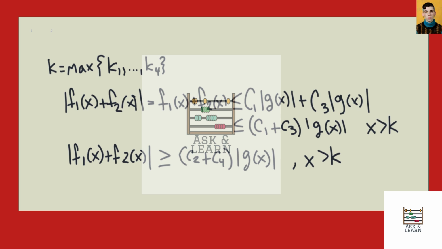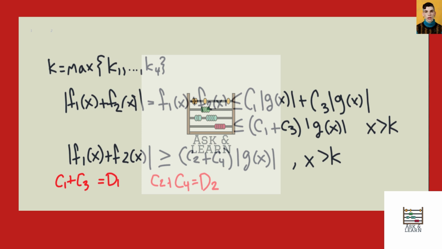All right, well, let's say c1 plus c3 is equal to D1, and let c2 plus c4 be equal to D2.